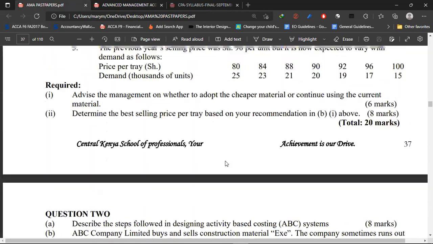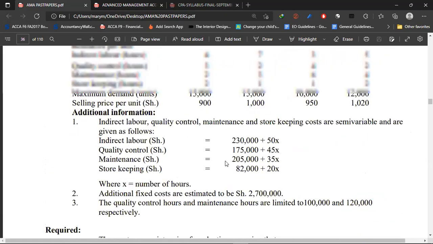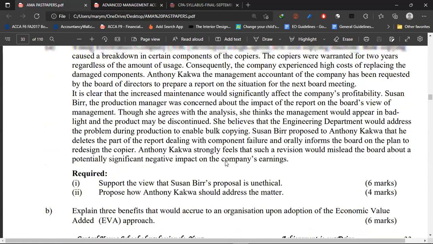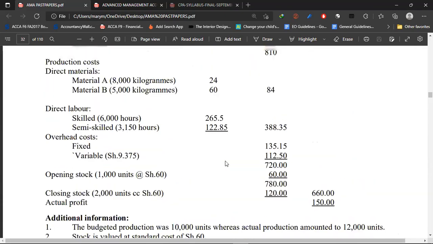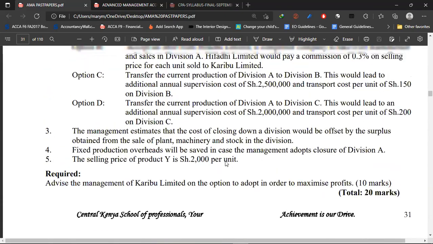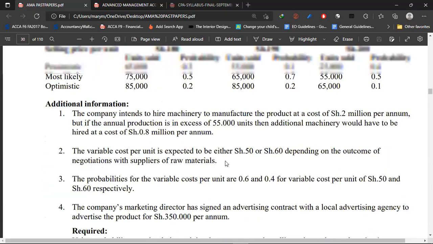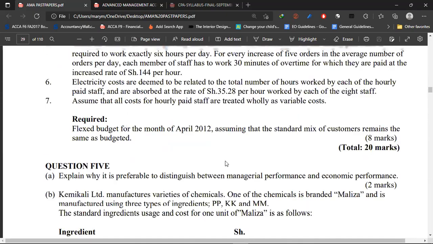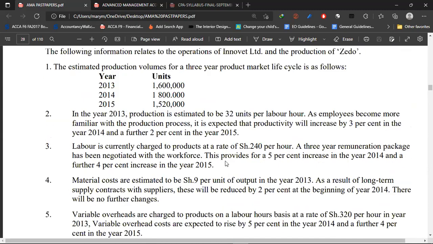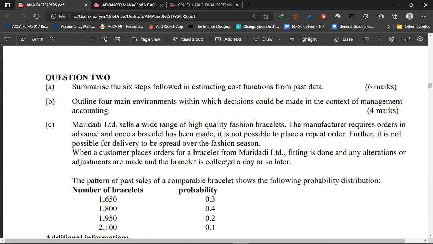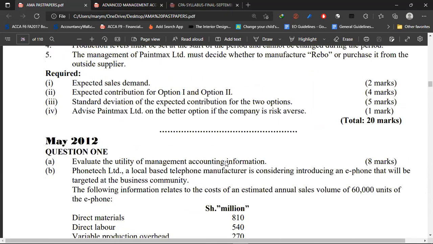Nakuja unasema mtihani ngumu, but you have not done that revision. Need to do a lot of questions from these past papers. I know some areas where mtaniambia hapa maisha ni ngumu. Don't mind.